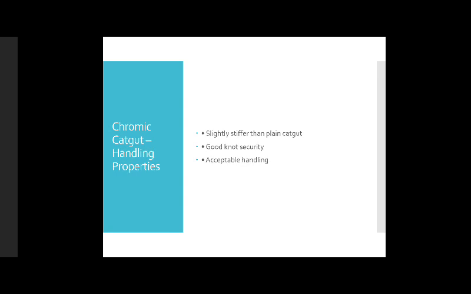Now, what are the handling properties of chromic catgut? It is slightly stiffer than plain catgut, has very good knot security, and has acceptable handling. These are the handling properties of chromic catgut.